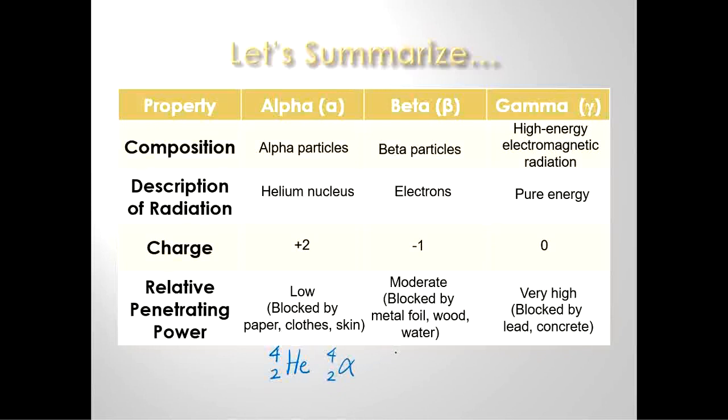It's the Greek letter alpha. Beta are represented by electrons, 0, -1 e, or it can also look like this. This is the Greek symbol for beta. Gamma, remember, has no mass, no charge, and that's the symbol for gamma. It's like a diving fish or an upside down ribbon.